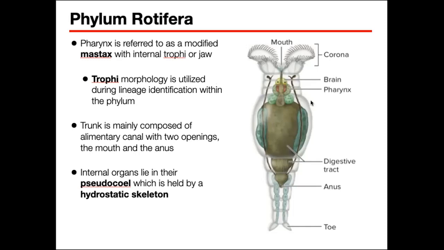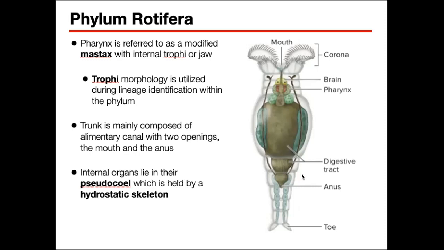The trunk is mainly composed of alimentary canal with 2 openings, both the mouth and the anus. So meron na siyang well-defined mouth and then the anus. Okay? And the internal organs would lie in this grayish layer right here, which we call the pseudocoel, which is held by a hydrostatic skeleton.